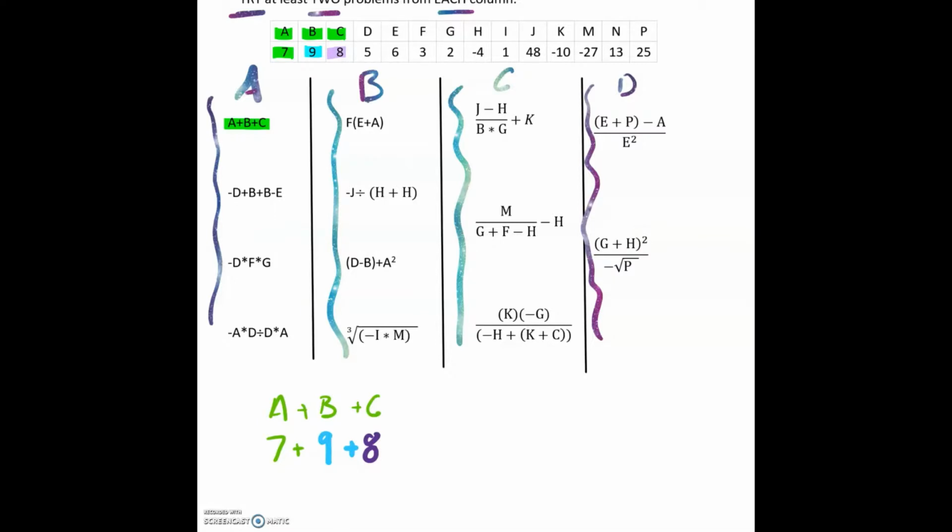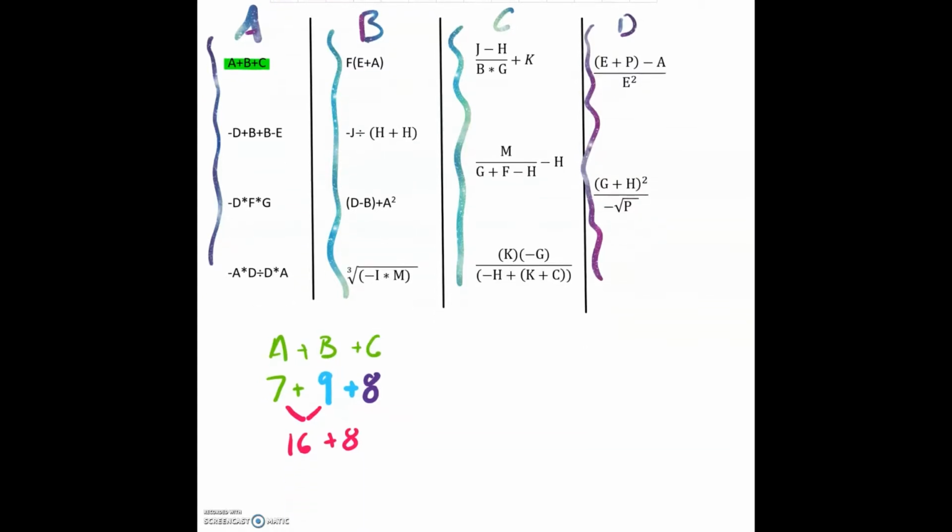So we're going to say 7 plus 9, that is 16. We're going to bring this plus 8 down, and then 16 plus 8 equals what? Did you say 24? And what do we always do after we find the answer? Circle it. Please make sure you circle your answers.